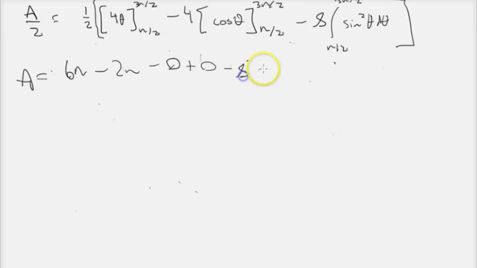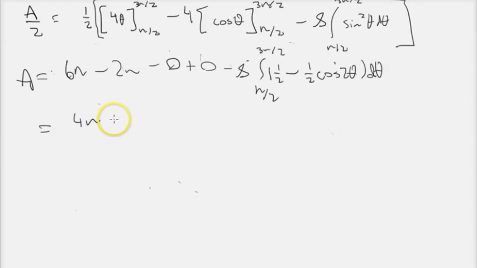And then this negative 8, I'm going to need to make a little substitution in here, and that's going to be, we did this in the previous video, 1/2 minus 1/2 cosine of 2 theta d theta. So this turns into a 4 pi. Minus 8, and then we're evaluating 1/2 theta when we integrate that.